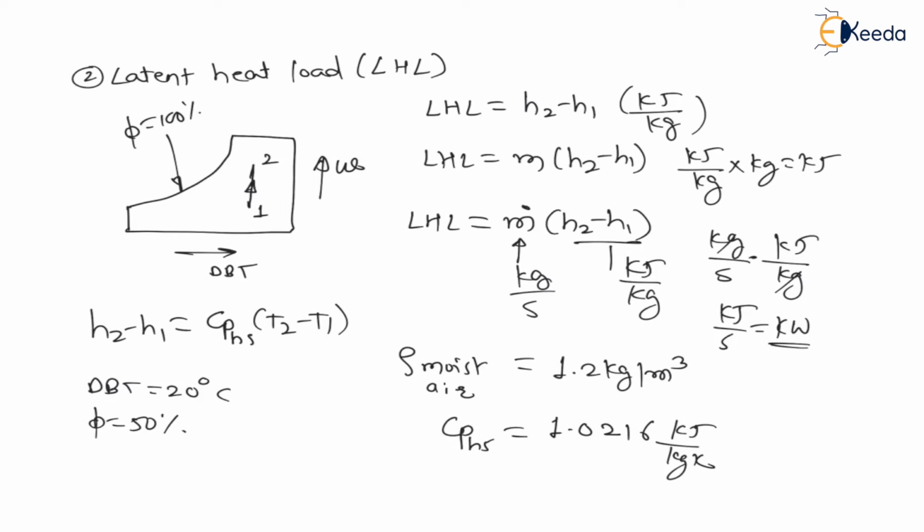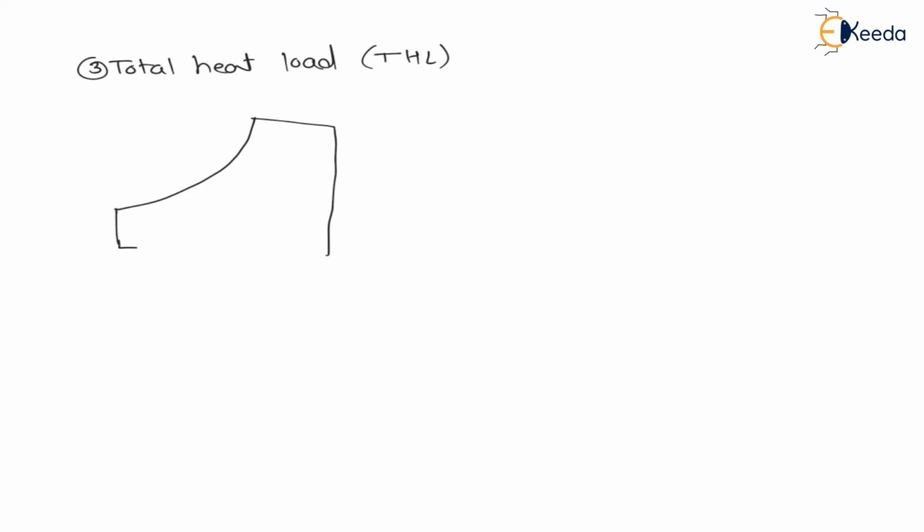Now after understanding this sensible heat load and latent heat load, let us understand total heat load. Third is total heat load. Total heat load is represented by THL. Now my dear students, let us say the process is like this.